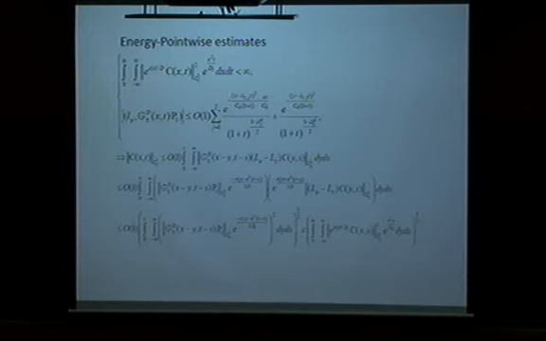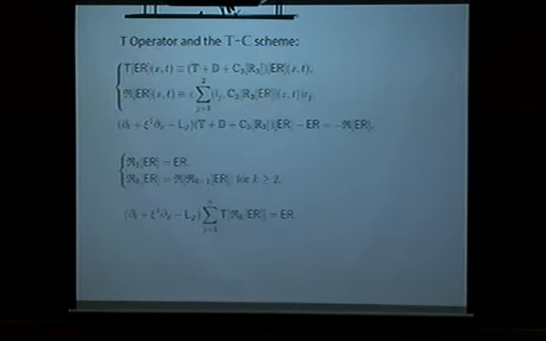Now you are ready to define a TC scheme, using this T operator and the local wave fluctuation, and you sacrifice something. This one also has a global pointwise structure, so use it as an approximation. Then you get the truncation error here.